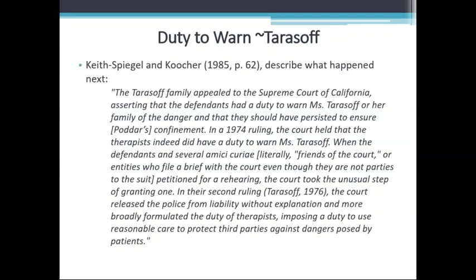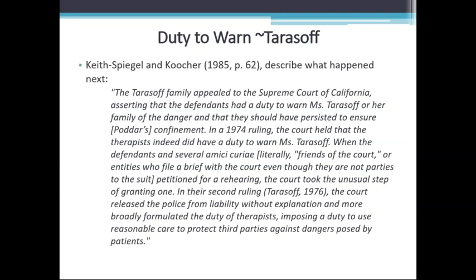And in a 1974 ruling, the court held that the therapist indeed did have a duty to warn Ms. Tarasoff. Several parties filed an amicus brief, which literally means friends of the court. It's when individuals who aren't necessarily parties directly involved with the court proceedings still file briefs with the court. In support of a petition for a rehearing, the court took the unusual step of actually granting the rehearing.